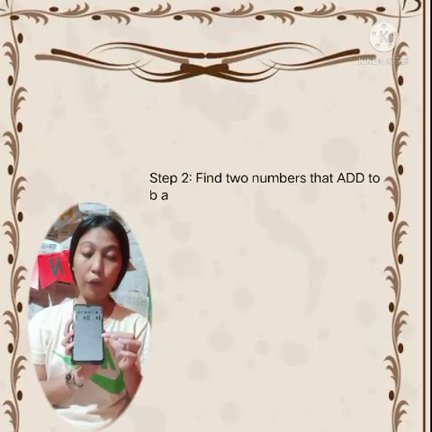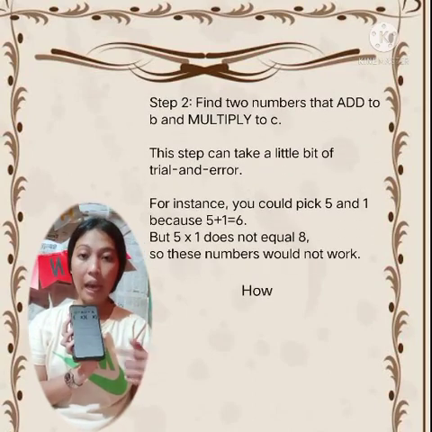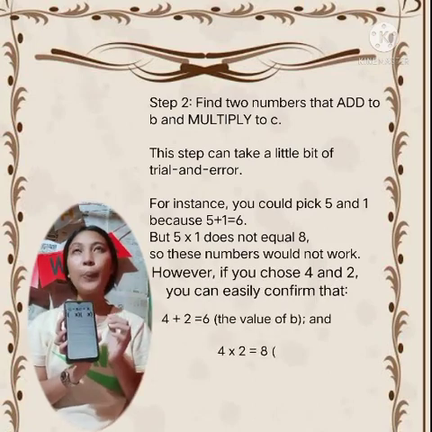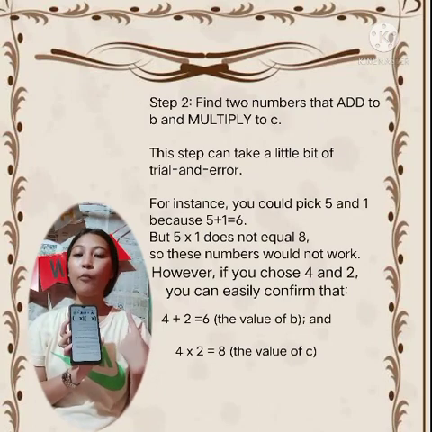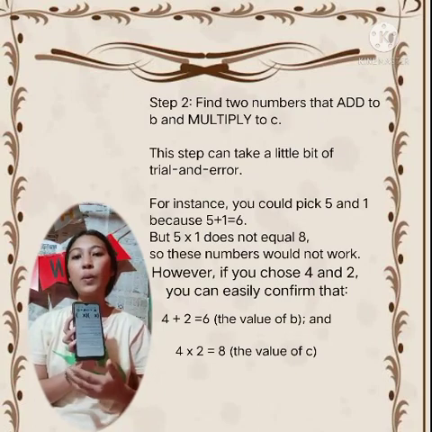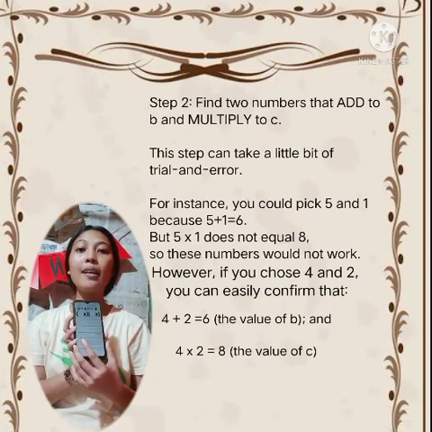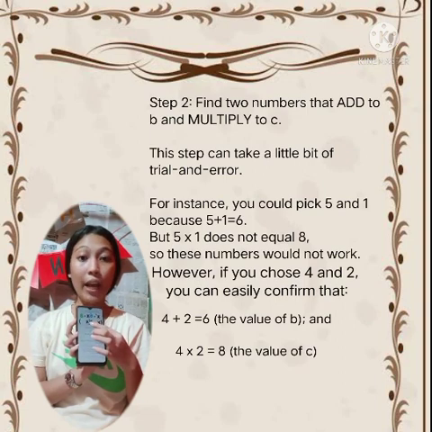So step 2, we need to find two numbers that add to B and multiply to C. So for example, let's say our two numbers are 5 and 1. When we add up 5 plus 1, it is equal to 6, so our B is correct.